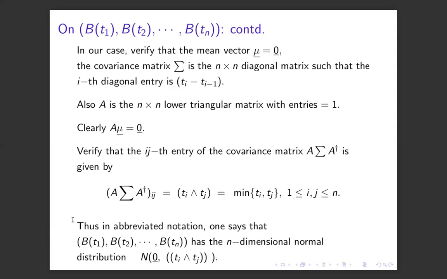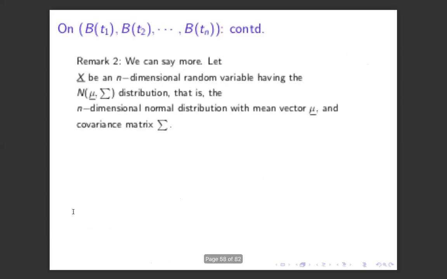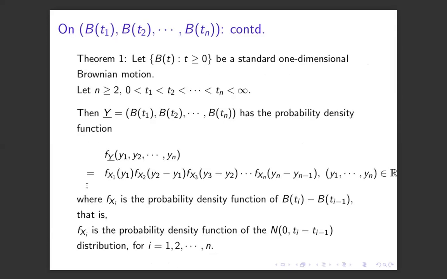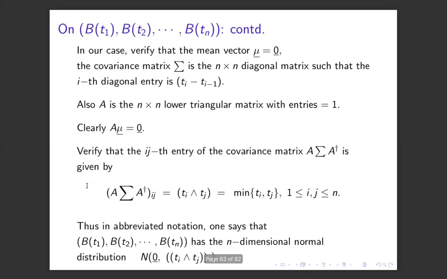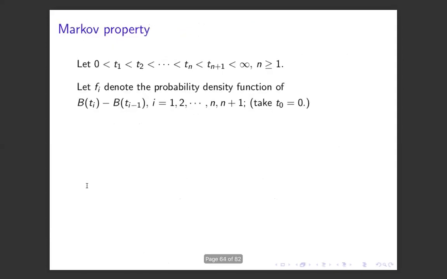Anyway, today we will use that statement of Theorem 1 to prove the Markov property of Brownian motion. We will not really mention what the Markov property is till the end in this context. Of course, you can easily guess that.